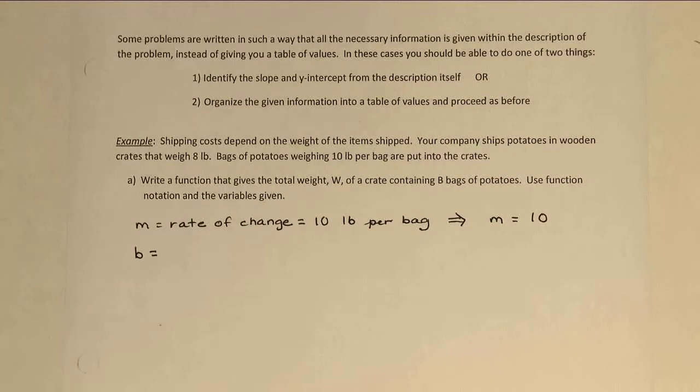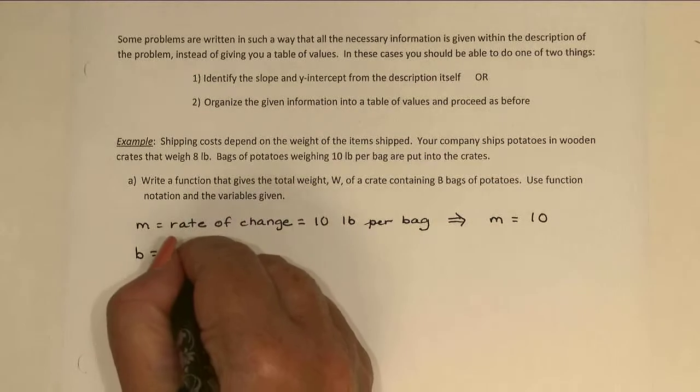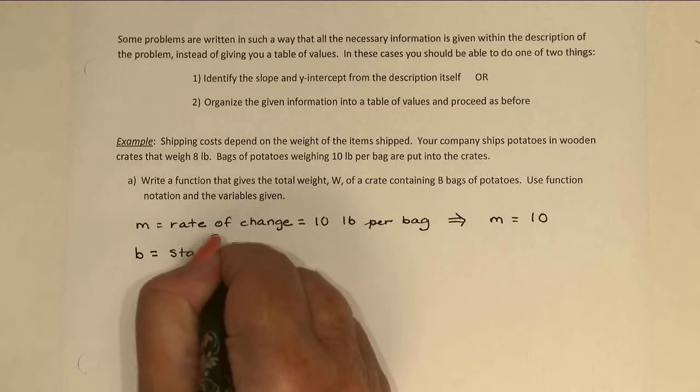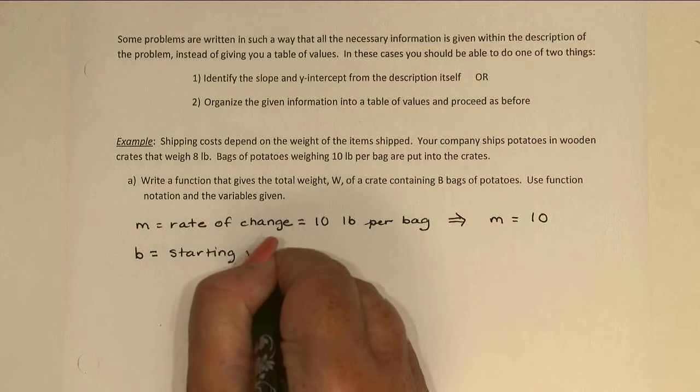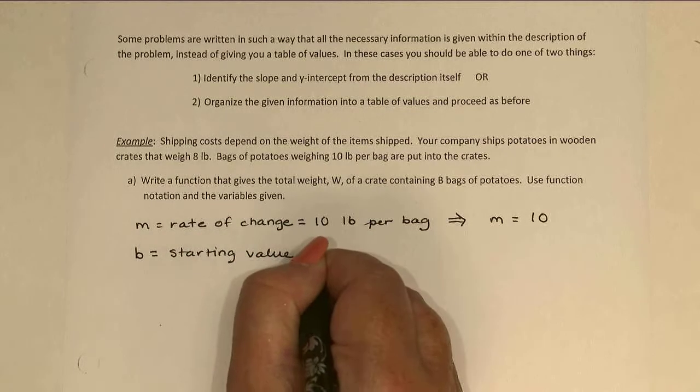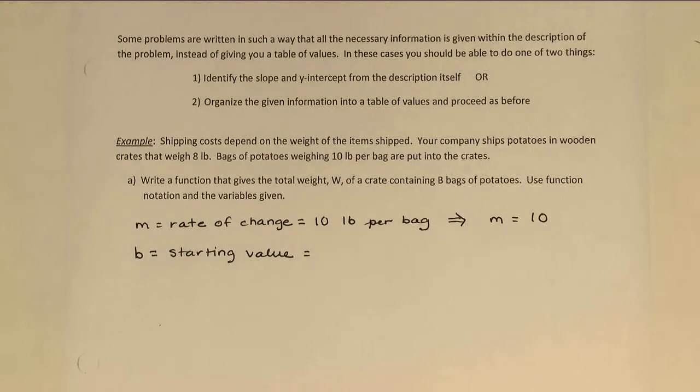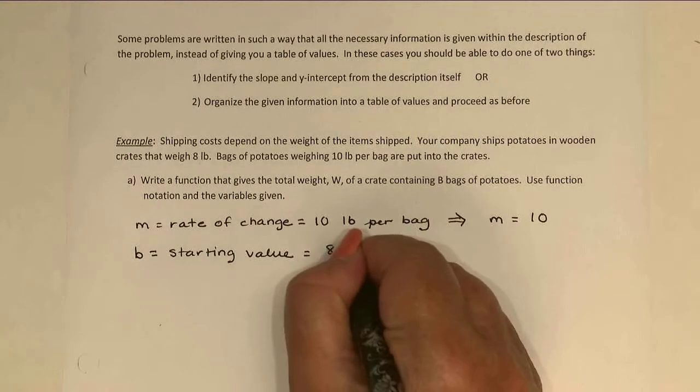B, the y-intercept, is the starting value. In this case, how much weight do you have when there's 0 bags of potatoes in the crate? Well, at that point, you only have the weight of the crate itself, which was the 8 pounds.